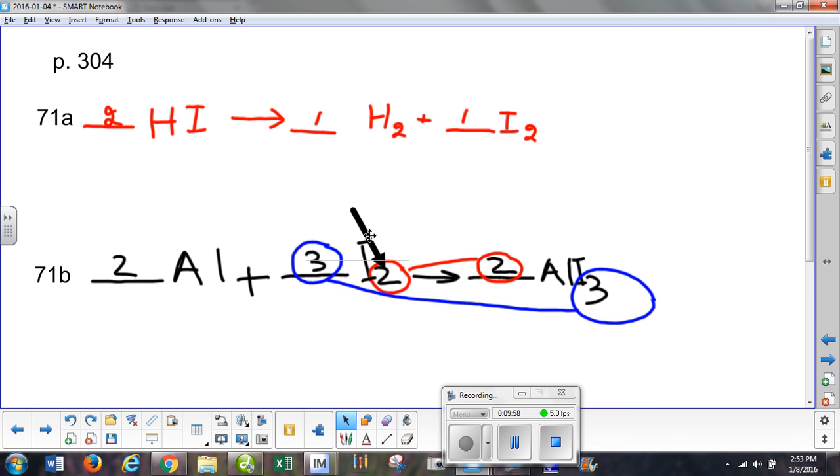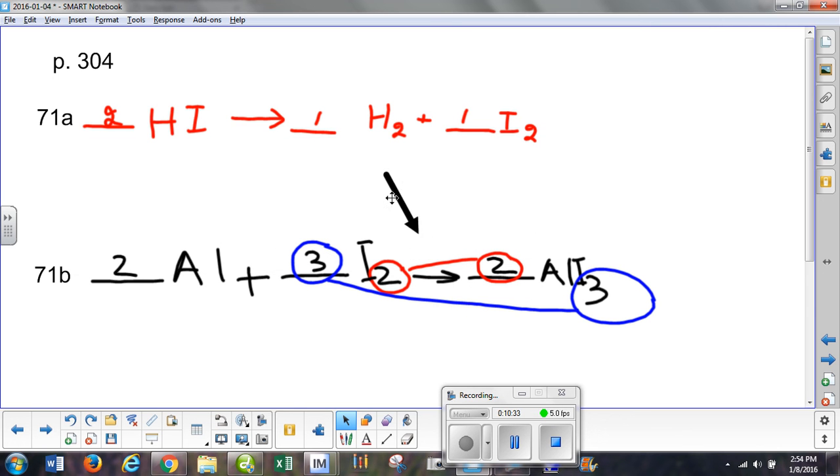And the subscript of the iodine on the left got moved over to the coefficient for the aluminum iodide. Because of that crisscross that I did, you can't miss on the balancing of the iodines, because 3 times 2 is the same as 2 times 3. So in balancing this one, that's where I started.